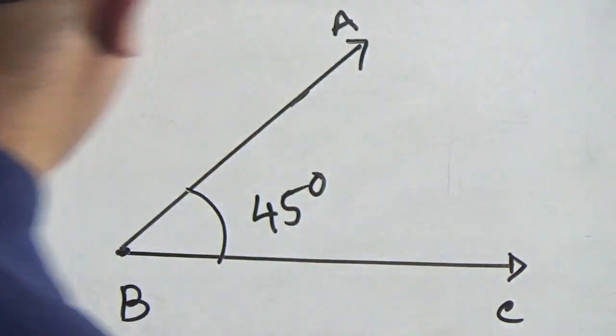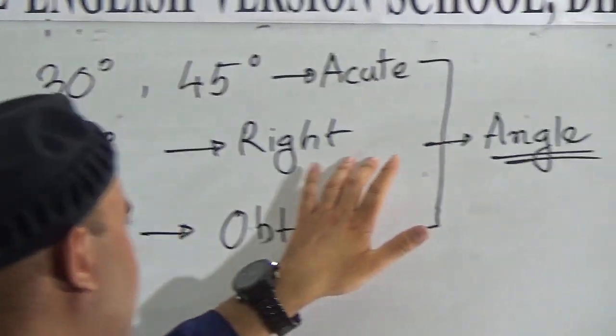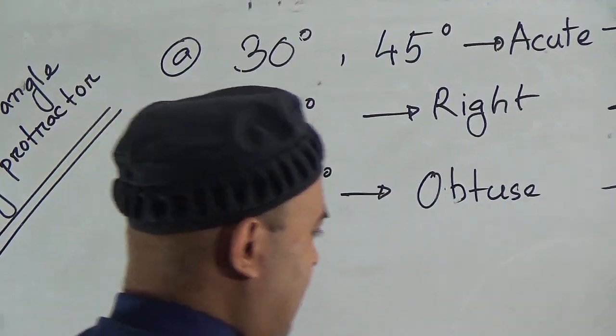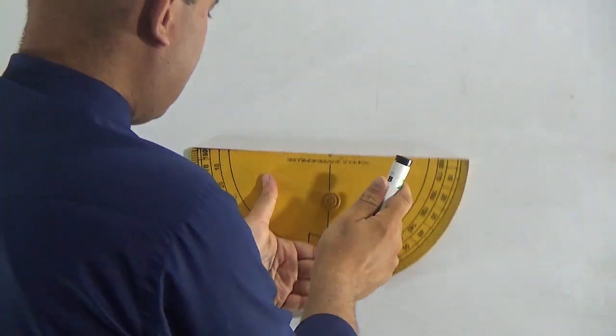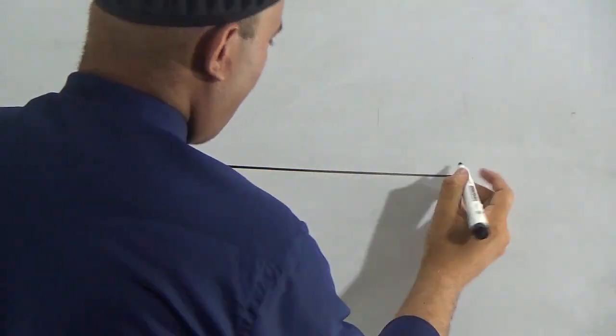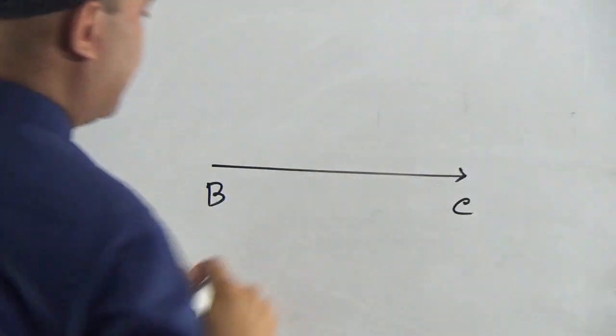Let's go to the next one, that is 90 degrees, which is a right angle. We already know that a right angle means the measurement of the angle is 90 degrees. Similarly, we can draw a ray and call it BC.